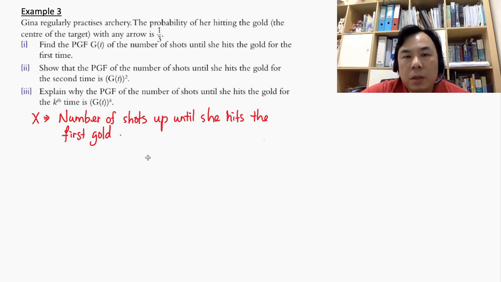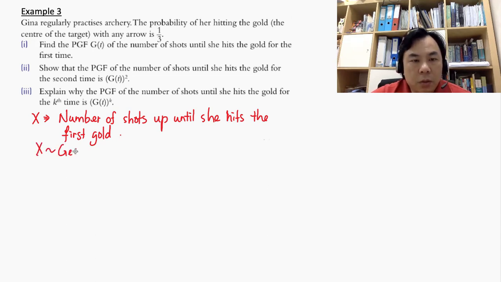Now we know that this is a geometric distribution, so we can represent this as a geometric distribution with the probability of success already given to us, which is 1/3 here. So the probability of success is 1/3.